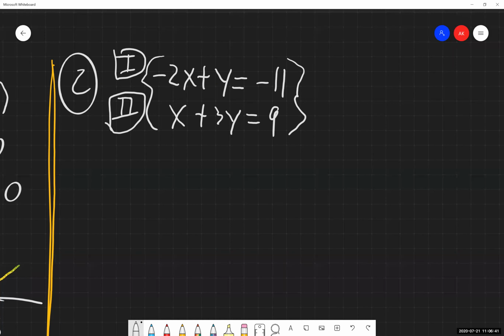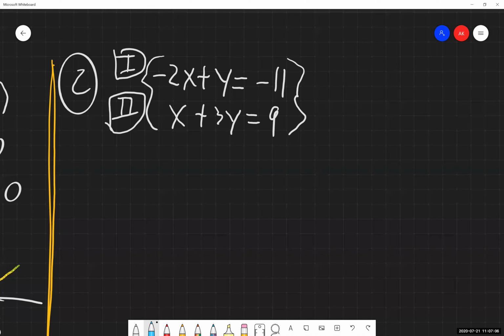So again, following our process, we're solving one of the equations for either variable. In our previous example, we solved our first equation for a variable, and in this example, I'm going to solve the second equation for a variable. Whenever you're going through this, it's your call which variable and which equation you want to use.